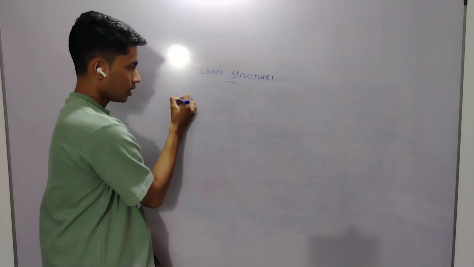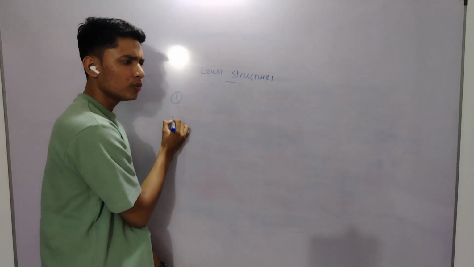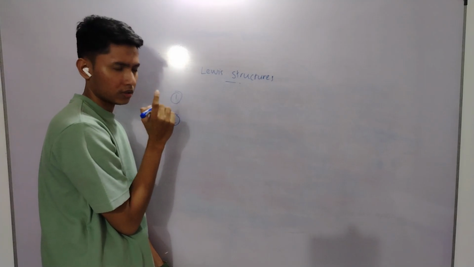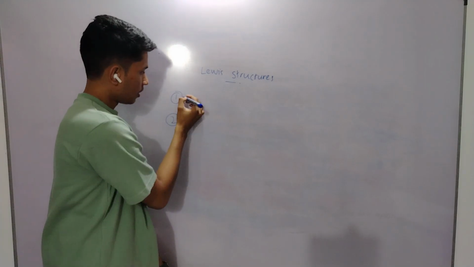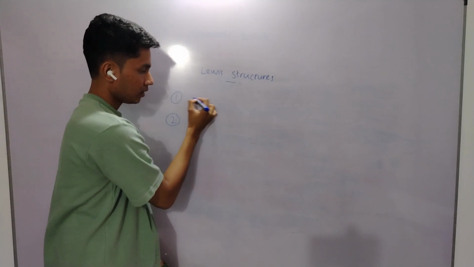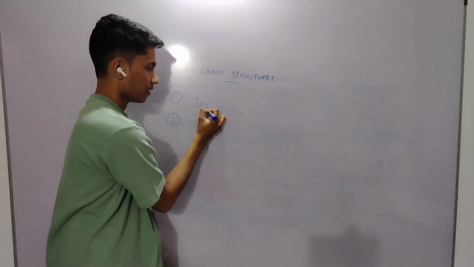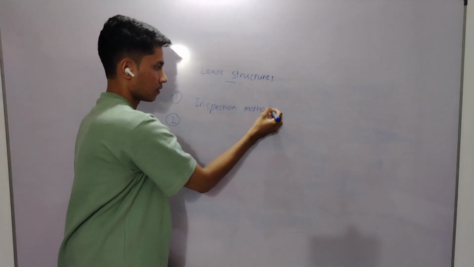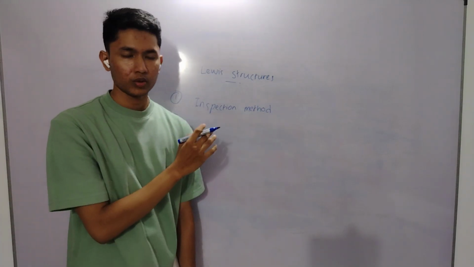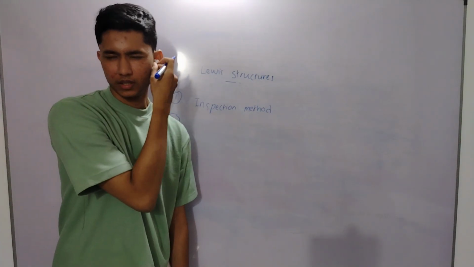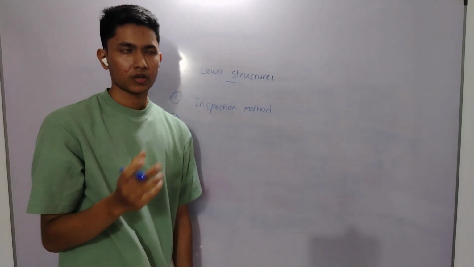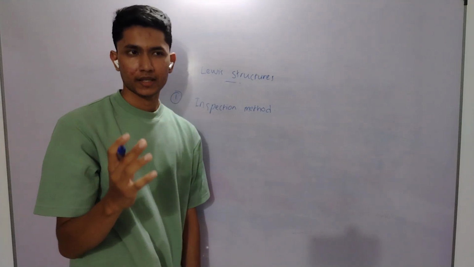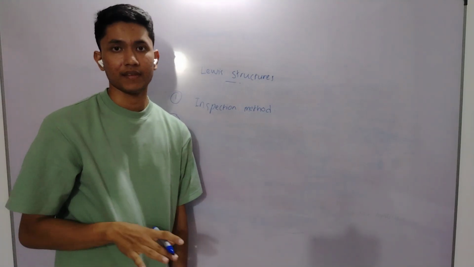To draw Lewis dot-dash structures, there are two methods. The first method is the inspection method. This method is used to draw simple structures, not complex structures at this level.